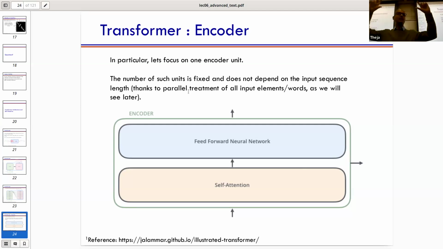If there were a second and third encoder block, there'd be inputs too, but they're mostly going to be vector representations. The number of such vectors will be exactly the same as the number of words. In particular, there's going to be parallel treatment of each of the words together. So if there are 3 words in my sentence, all of them are processed in parallel together.